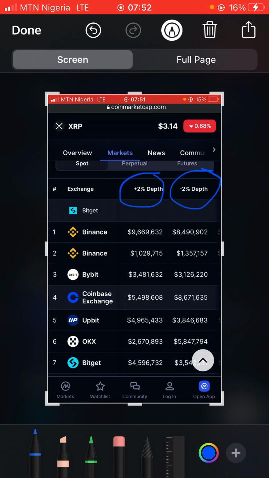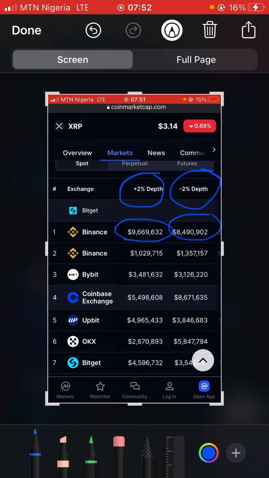So liquidity is what controls the market, which most of us are aware of. One of the things that makes this very good is that it will tell you the different liquidities, or different money, placed in different exchanges. If you take a look at this, on Bybit we have about 9 million orders on the plus 2% and 8 million on the minus.